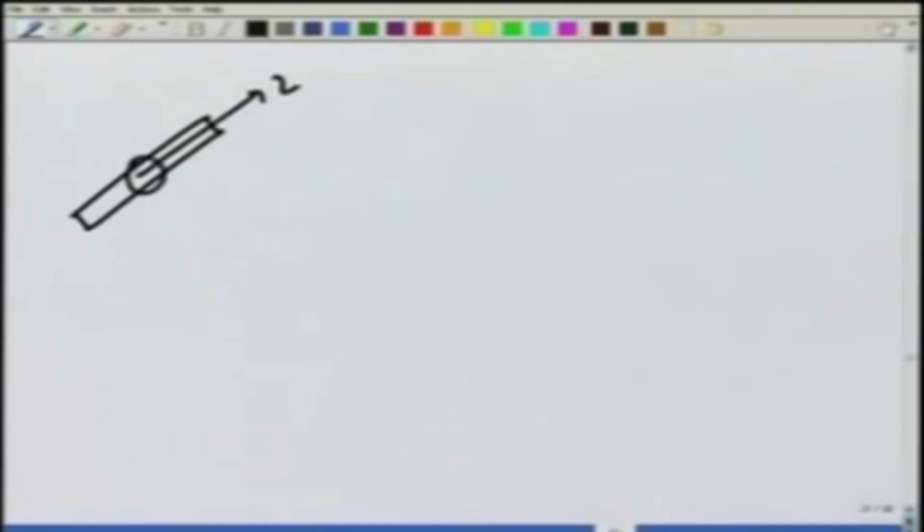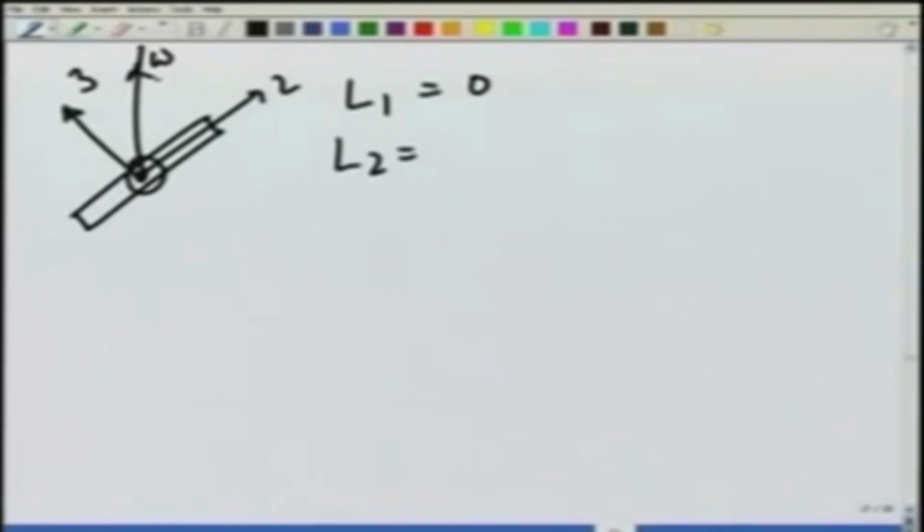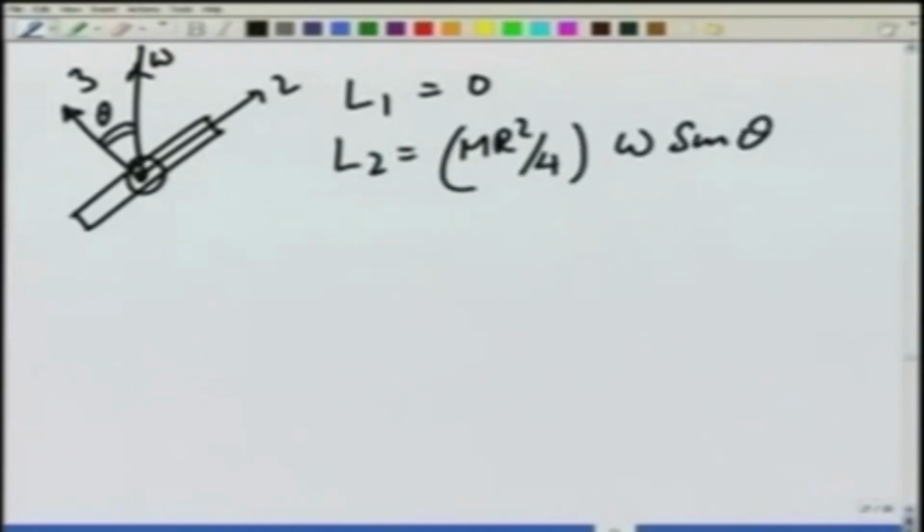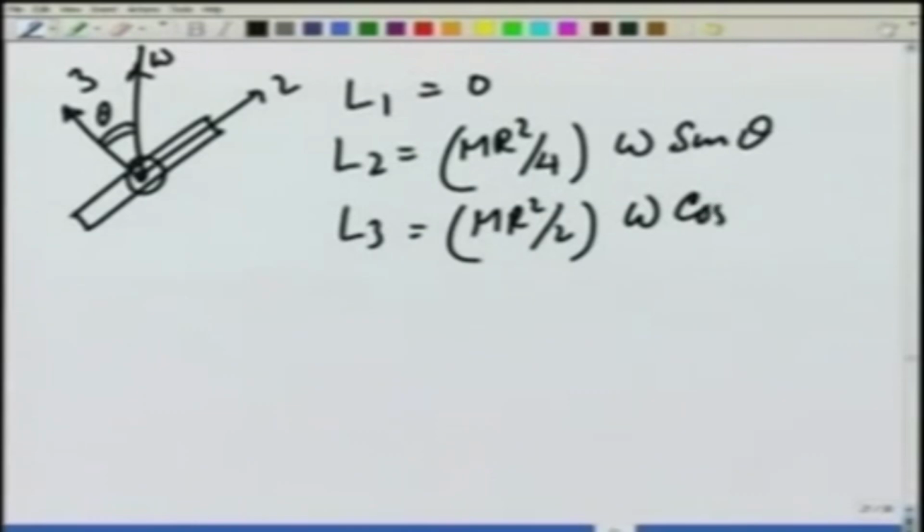At this point 1 is coming out, 3 is like this, L1 we saw is 0, this is omega, this is theta, L2 is m r square over 4 omega sin theta, L3 is m r square by 2 omega cosine of theta.